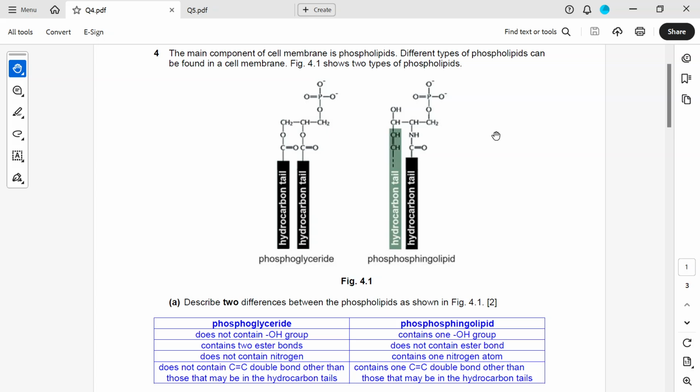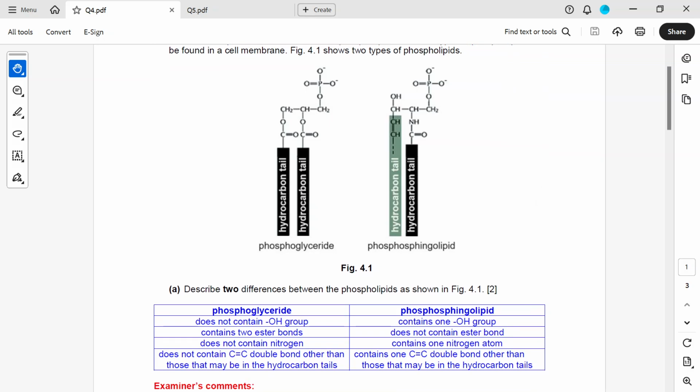Also, the ester bond is C-O-C with the double bond O. This is C-N-C with the double bond O, this N. So this is not an ester bond. Quite a few of you mentioned that there's one ester bond in the phosphosphingolipid. I assume you're referring to this, but this is not an ester bond.